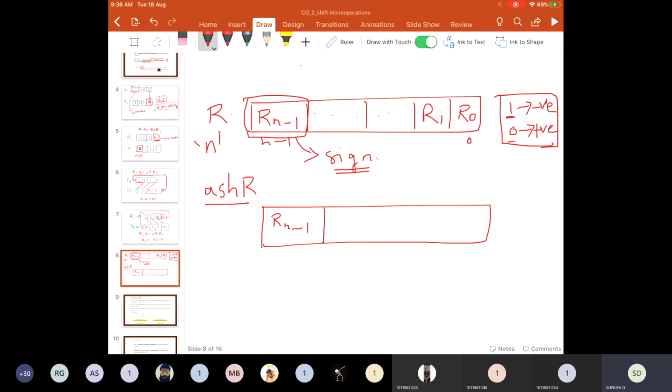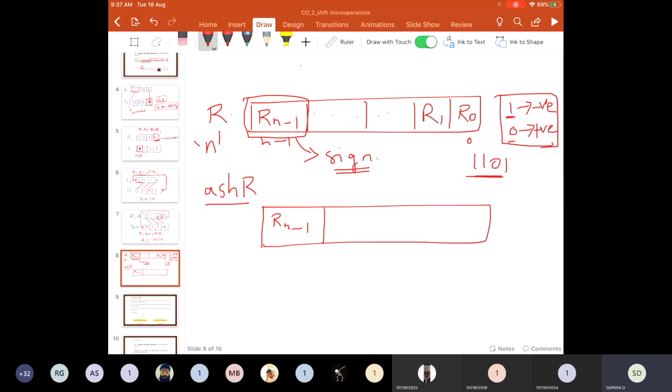If I want to perform the logical shift operation for the number 1101, tell me the binary digits that you get after performing logical shift. What will be the answer for logical shift left of 1101?